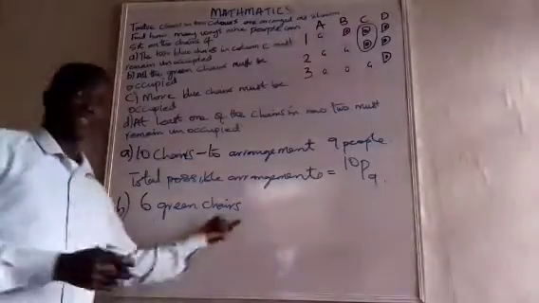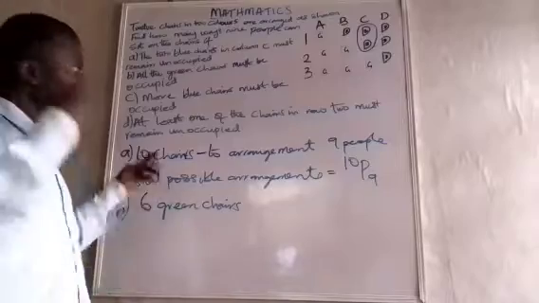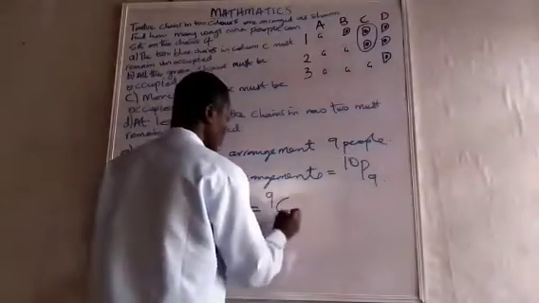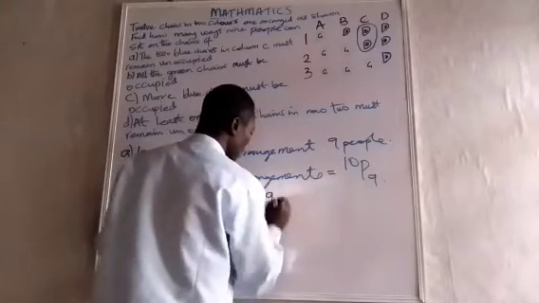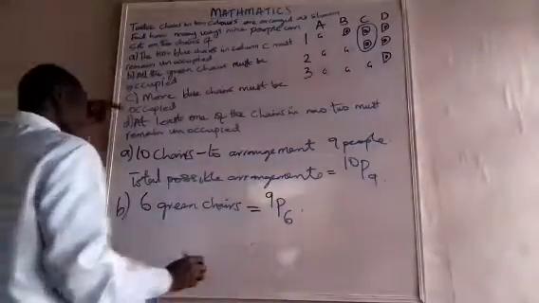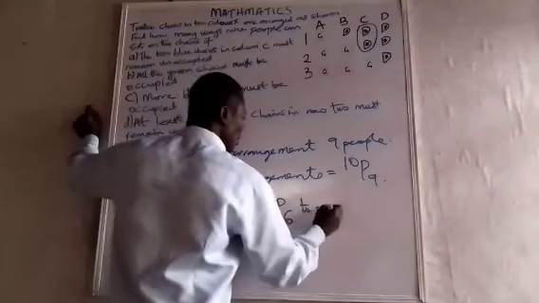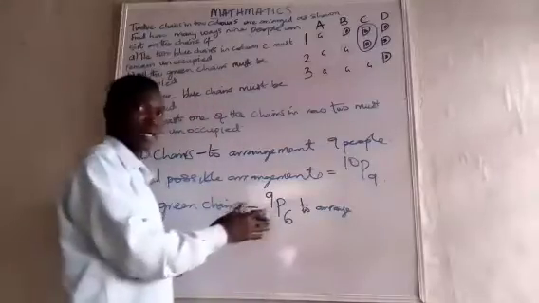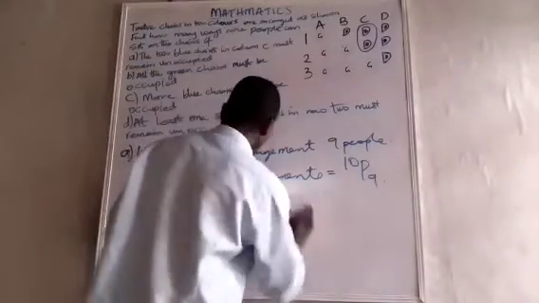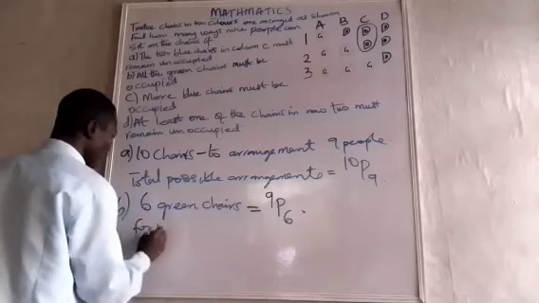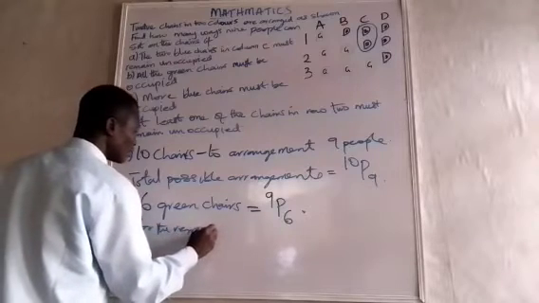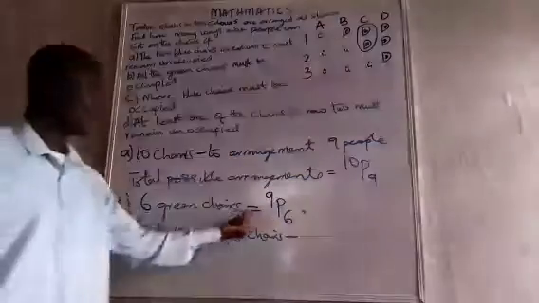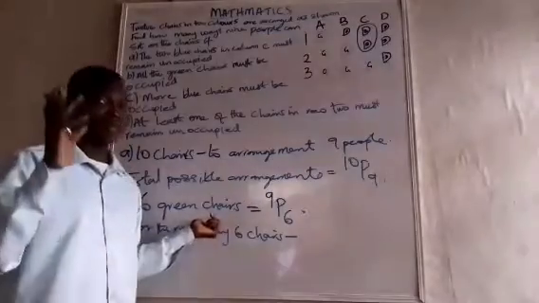It means that for these green chairs, since they must be filled, we have 9P6. Since they must be filled, we must give them priority. That's 9P6. Now, for the remaining chairs, after these 6 chairs have been filled, we have 3 people left.